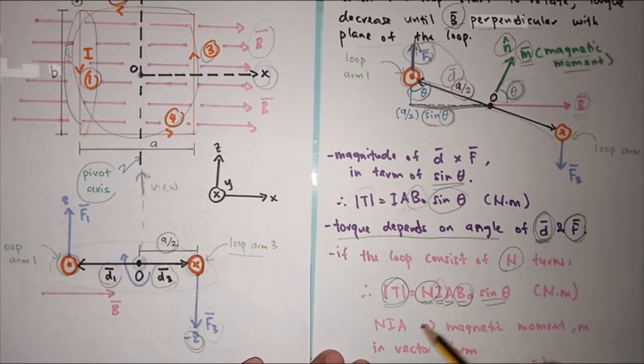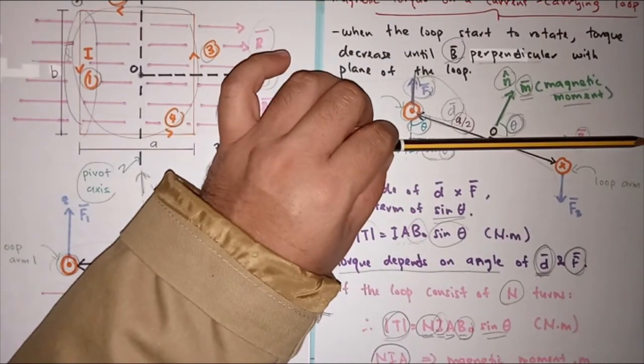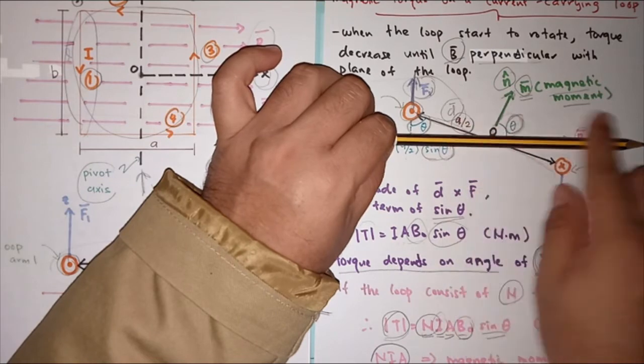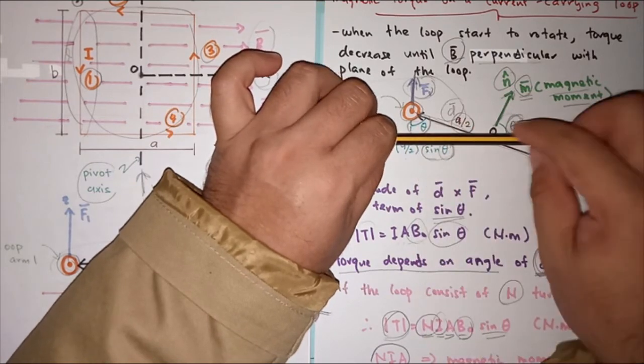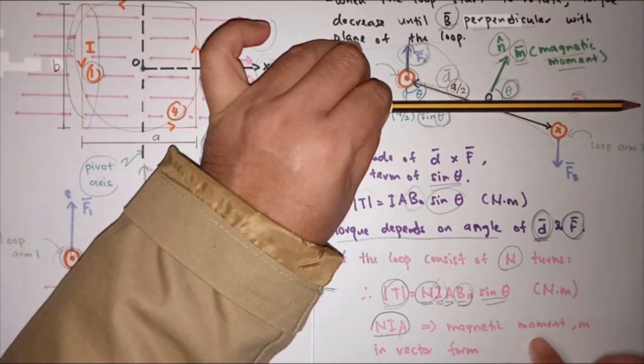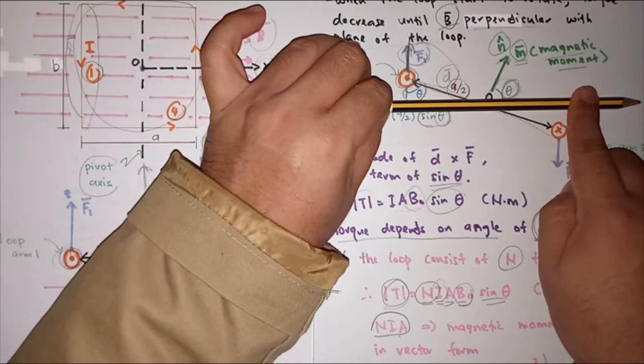In this case, the expression N I A, so turns, current, and area of loop, is defined as the magnetic moment. The magnetic moment is another vector. For example, we have this loop plane. The magnetic moment vector is the vector that exists perpendicular to this loop plane.